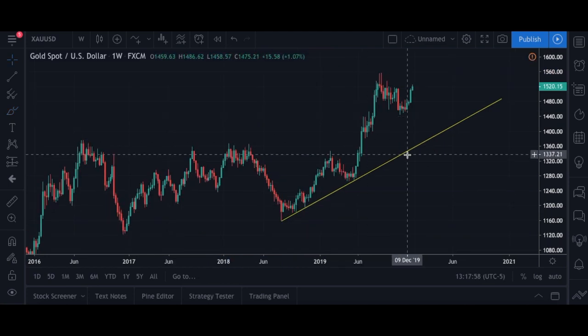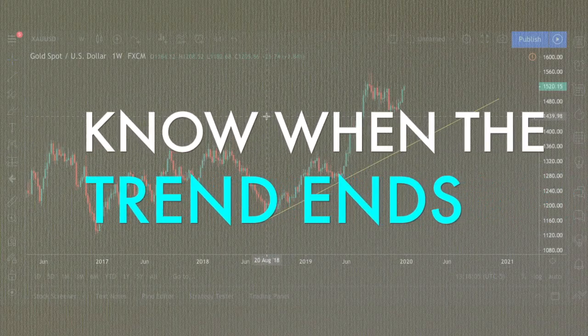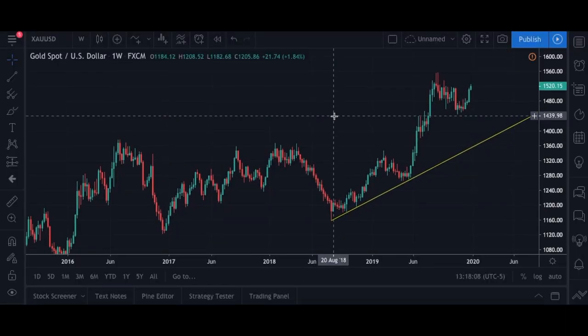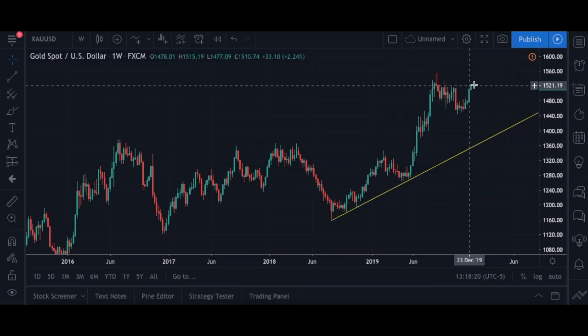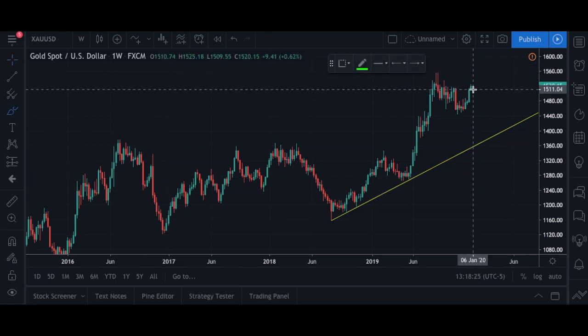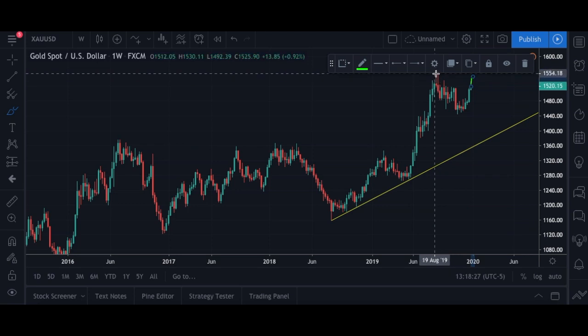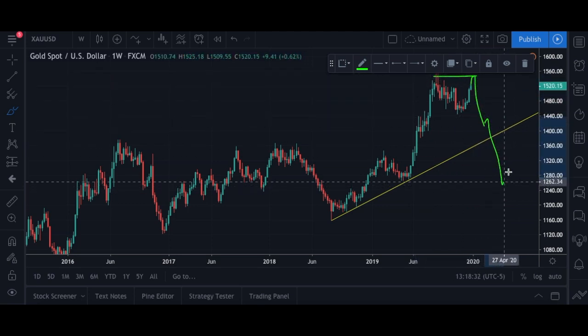So this brings me to my third point, in terms of knowing when the trend will end. This is the part of the saying, the trend is your friend until it ends. One of the worst feelings in Forex, in my opinion, is assuming that a trend is going to continue, and you enter this buy here, let's say, and then all of a sudden price comes up for a bit, makes a double top here, and then pushes down, and then it starts to break and change trend.